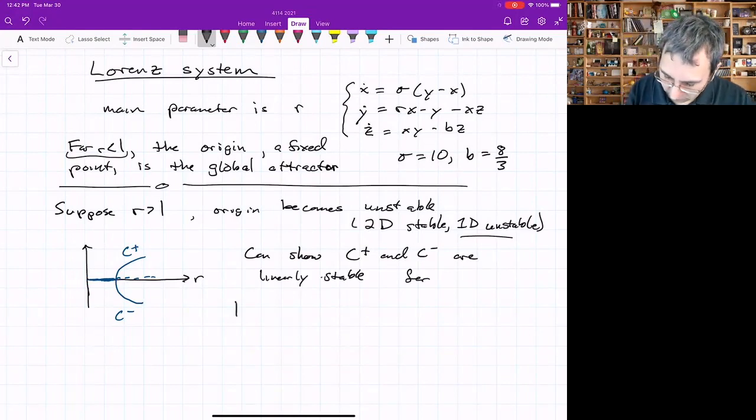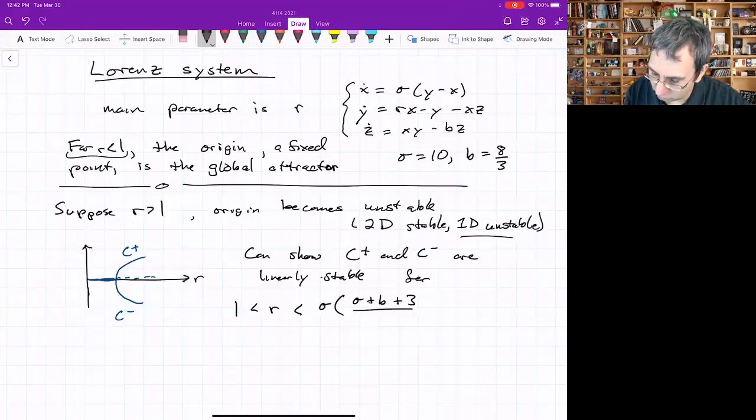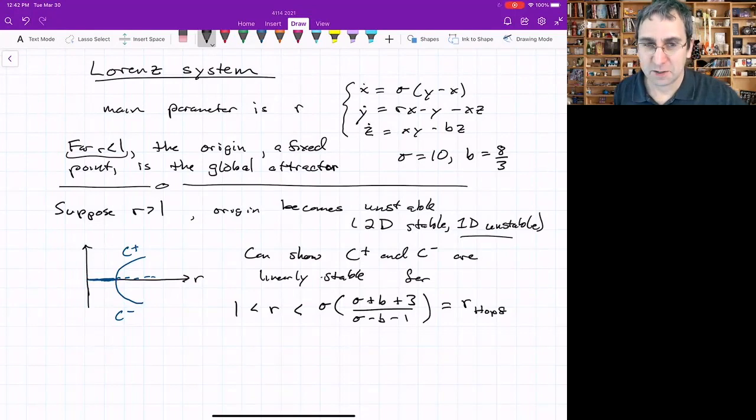So for r greater than 1, and then less than a certain value, which is related to the other parameters, sigma times (sigma plus b plus 3) over (sigma minus b minus 1), which we call r Hopf, because there's a Hopf bifurcation.